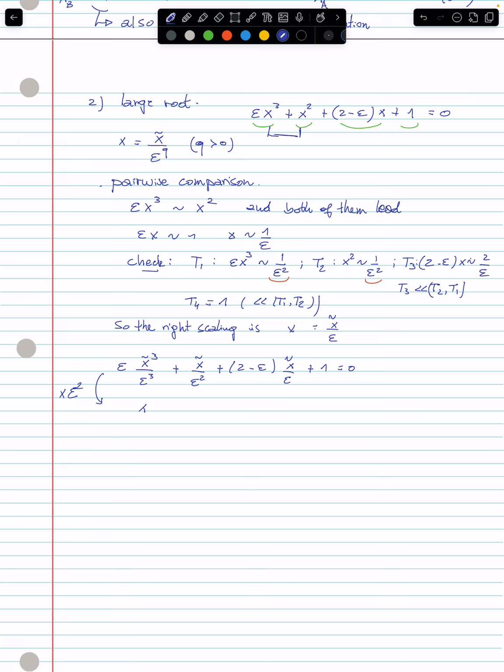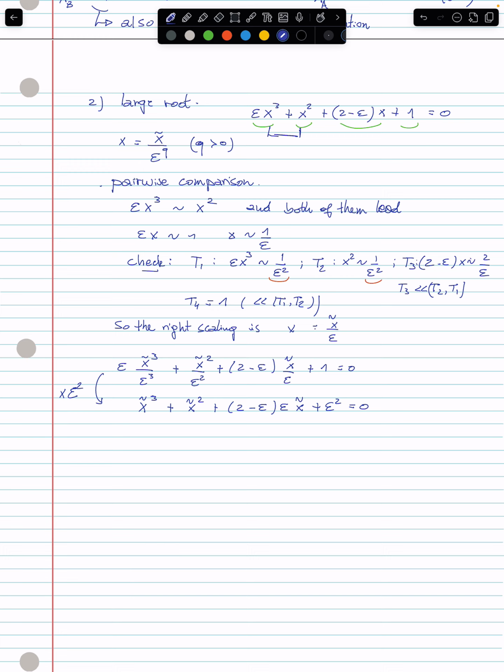So we end up with x tilde to the third plus, I might have forgotten a square over here. Yep, x tilde squared, 2 minus epsilon x tilde plus epsilon squared, and this is equal to 0. Now we have done our rescaling properly.